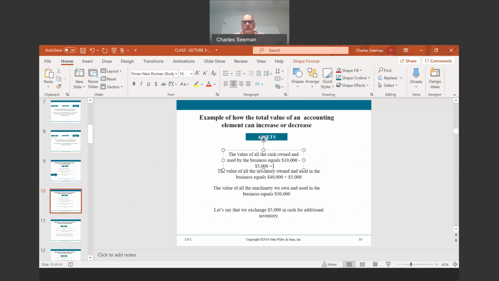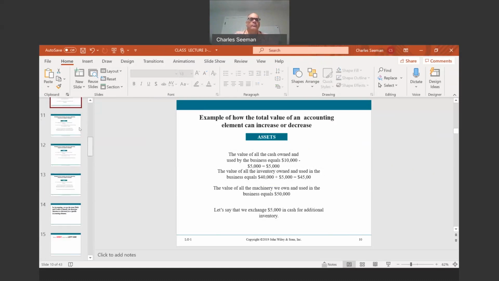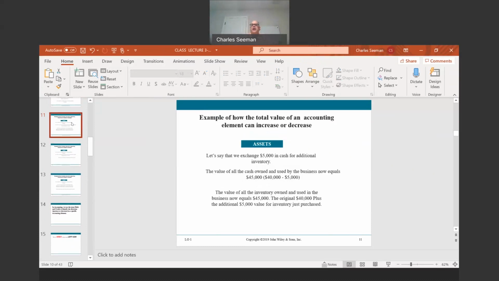So cash equals 5,000, inventory is 45,000, and machinery stays the same. Let's say that we exchange for another way of looking at that.